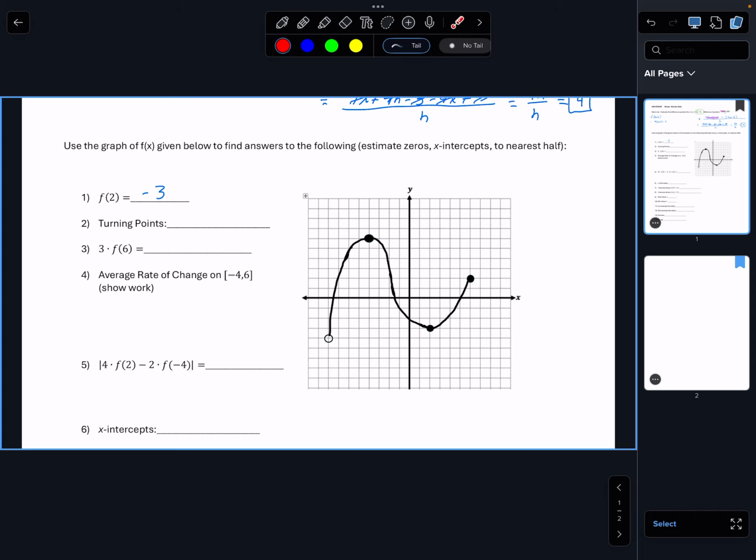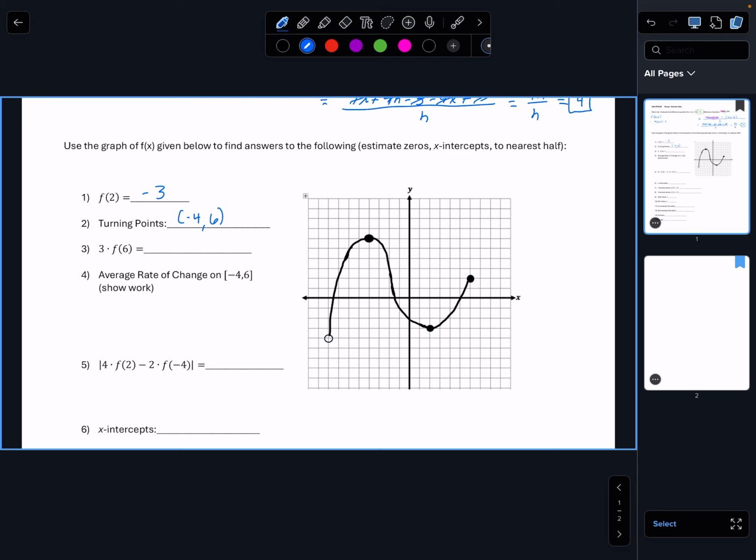The turning points are here and here. It's where it changes from increasing to decreasing and vice versa. Those are my turning points. And they are ordered pairs, x, y ordered pairs. So this is at -4 and up at 6. You need parentheses, (-4, 6). That's an x, y ordered pair because it's talking about a point.